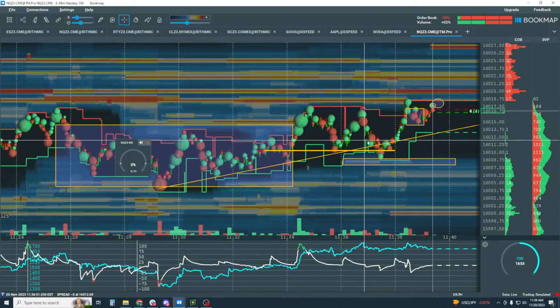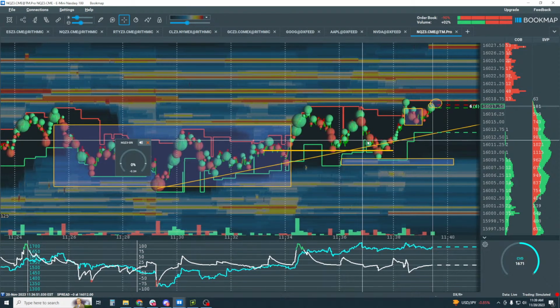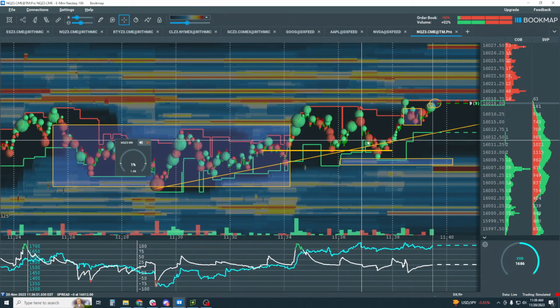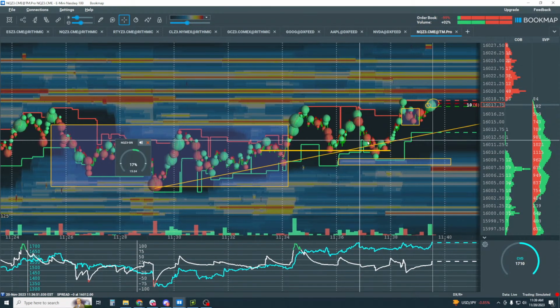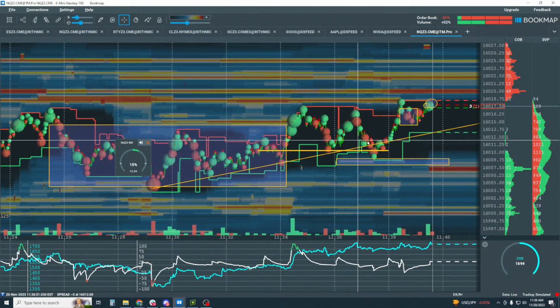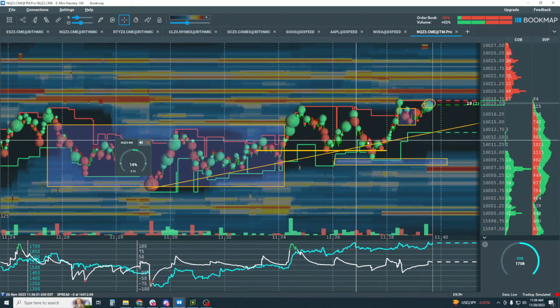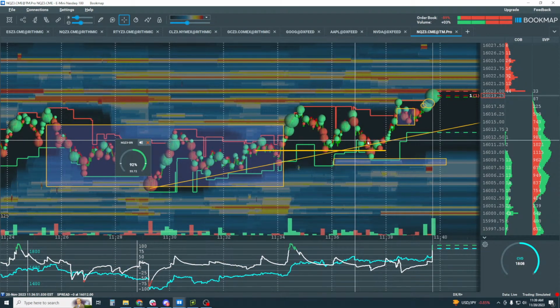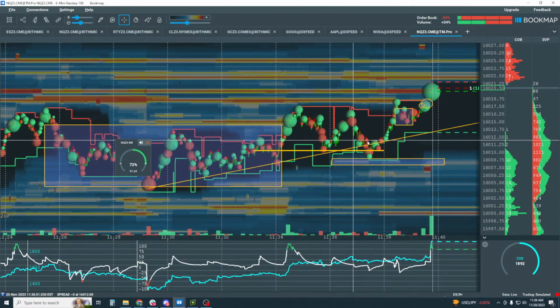All right, and then sellers starting to, looking better. Now these are volume delta dots. Buyers looking for that swift move right now. There's our buyers.